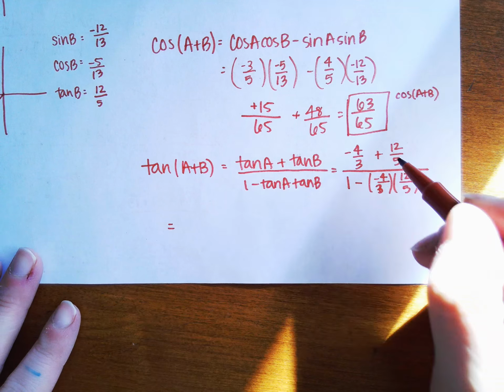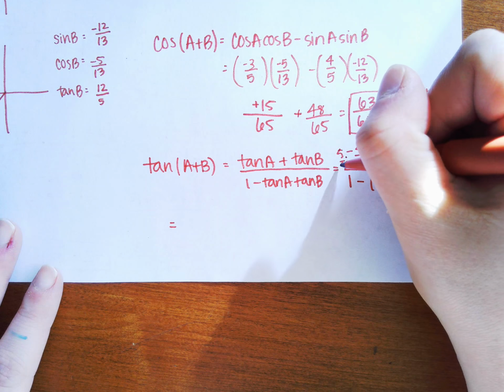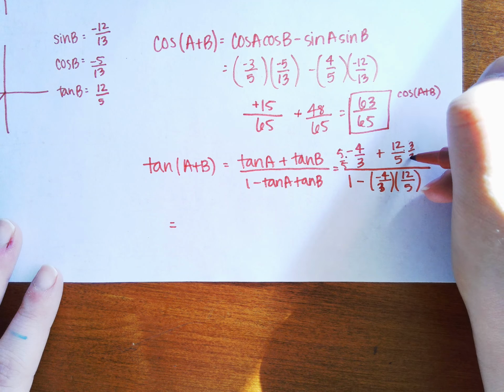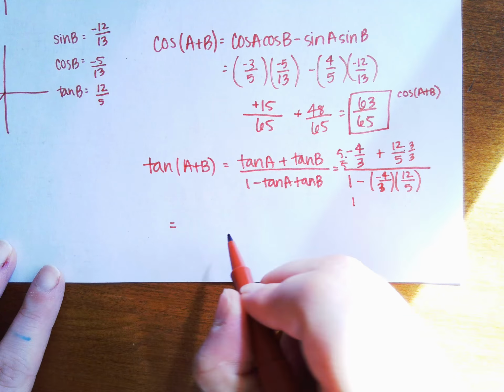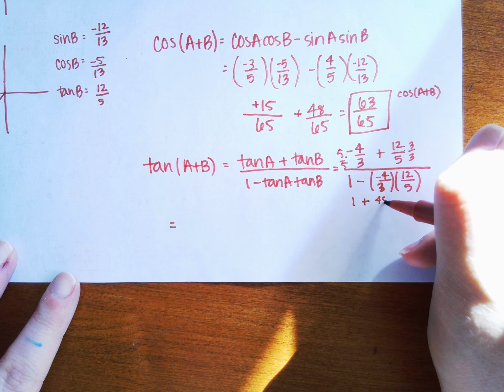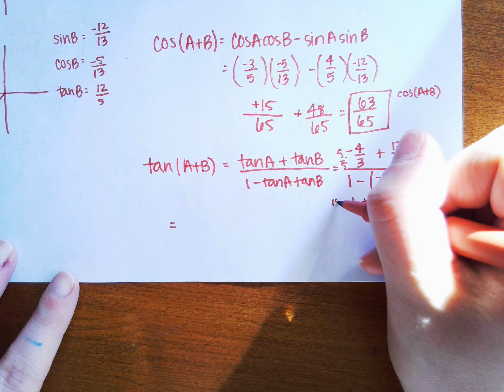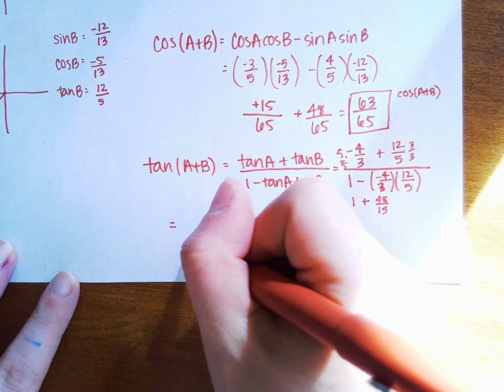On the top, if I was going to find a common denominator, it'd be 15. So I'd multiply this one by 5 over 5 and this by 3 over 3. On the bottom, I'd have 1 plus 48 over 15, so I'd multiply the 1 by 15 over 15.